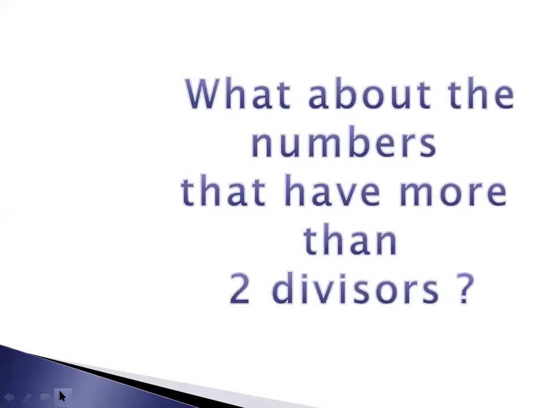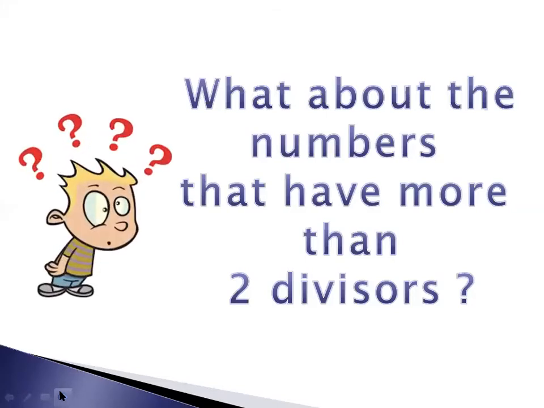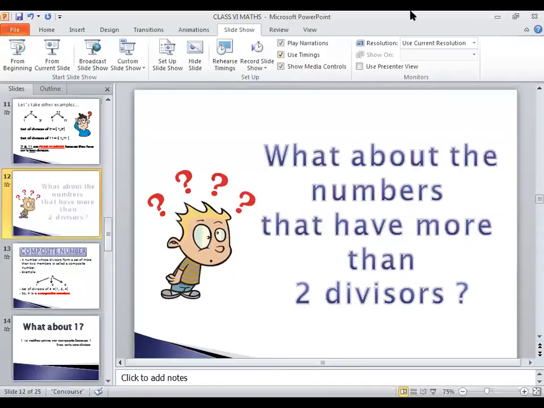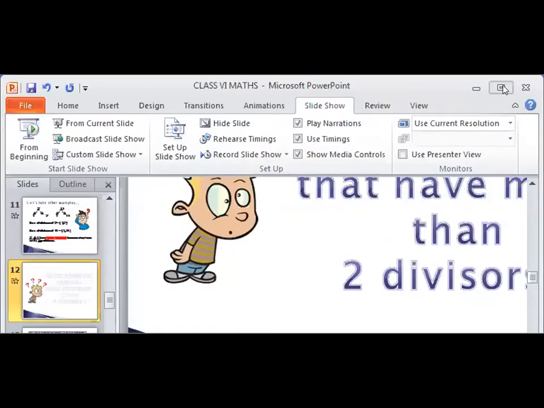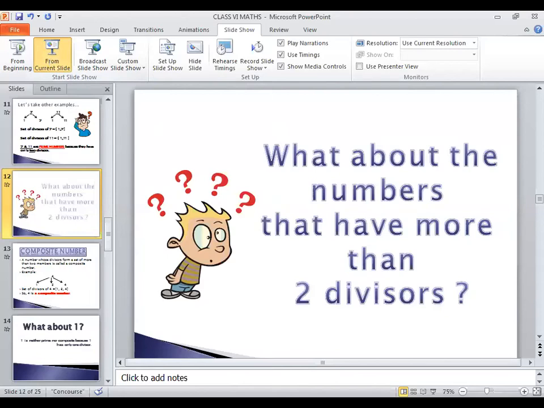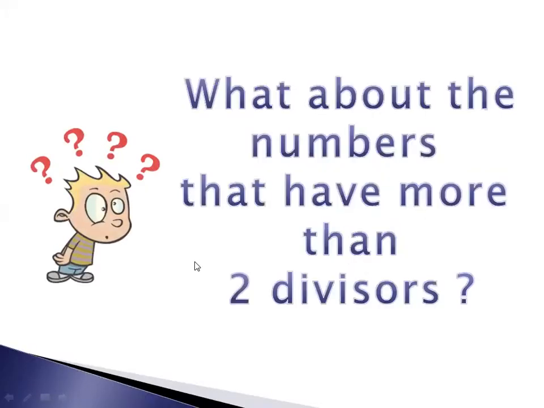Now, what about the numbers that have more than two divisors? We were previously talking about numbers that have only two divisors, but if a number has more than two divisors, what will you do?